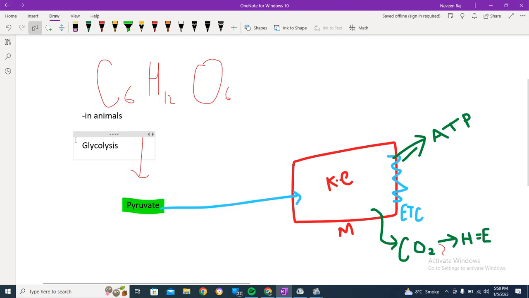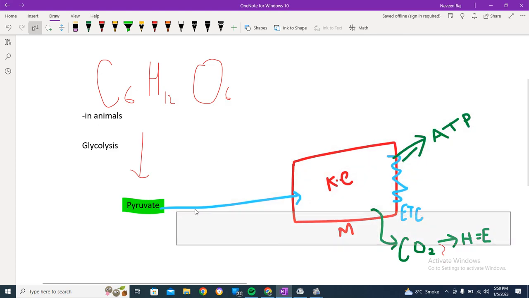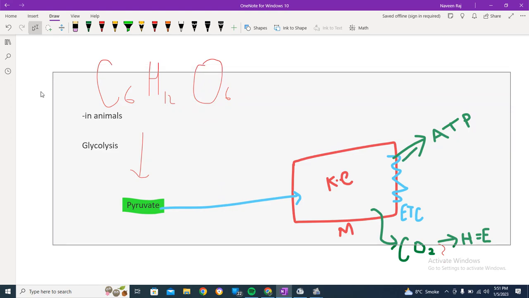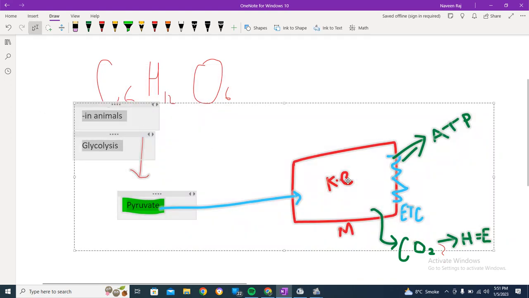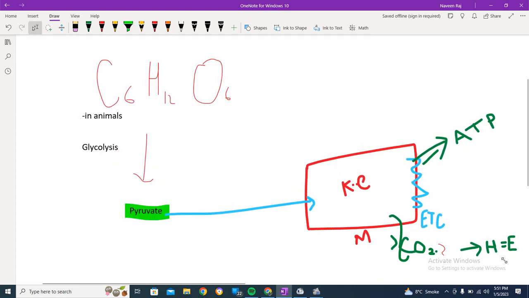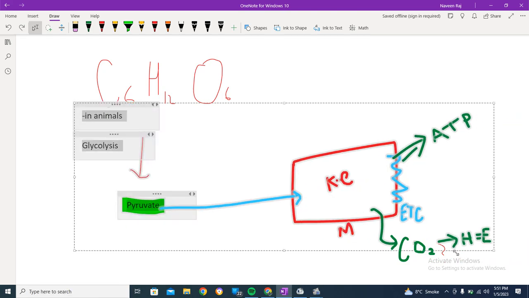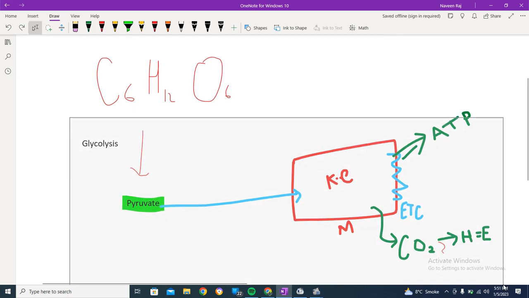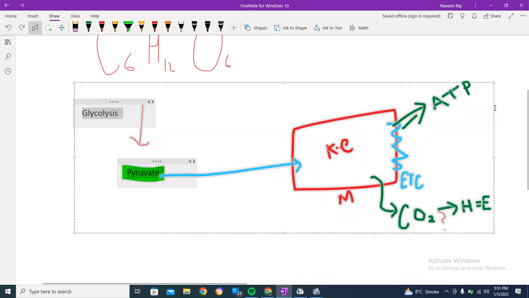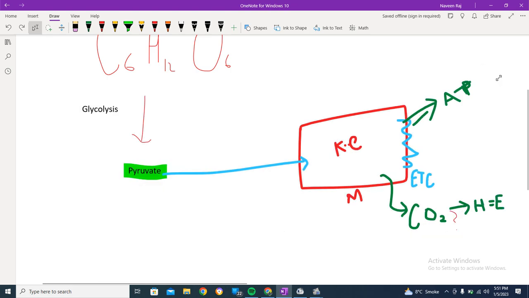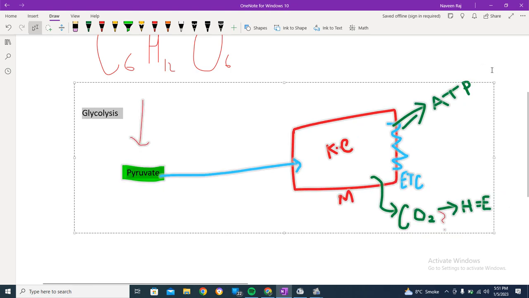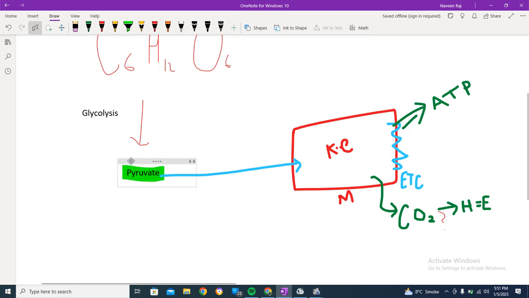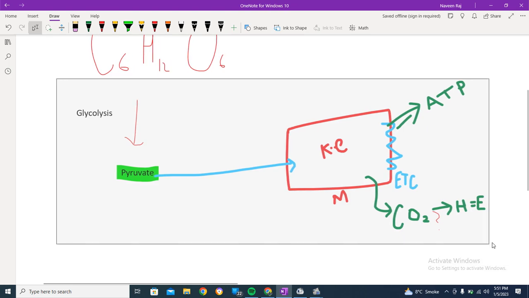Now let me copy all this. Okay, wonderful. I will take a minute. Let's see how long it takes. Yeah, this time it's perfect.